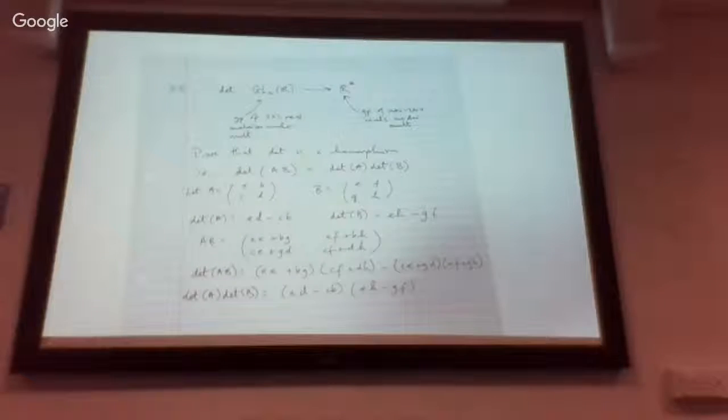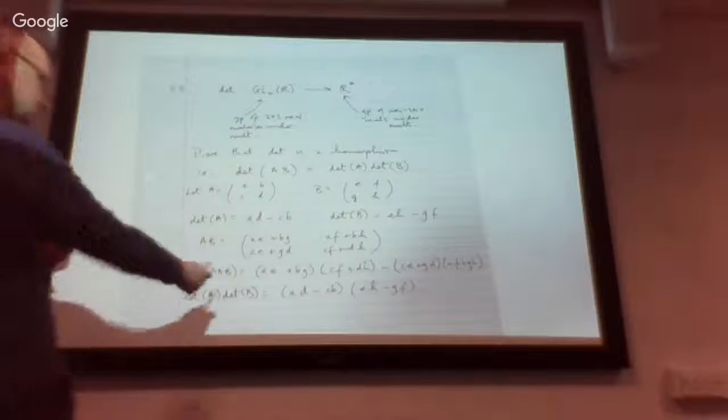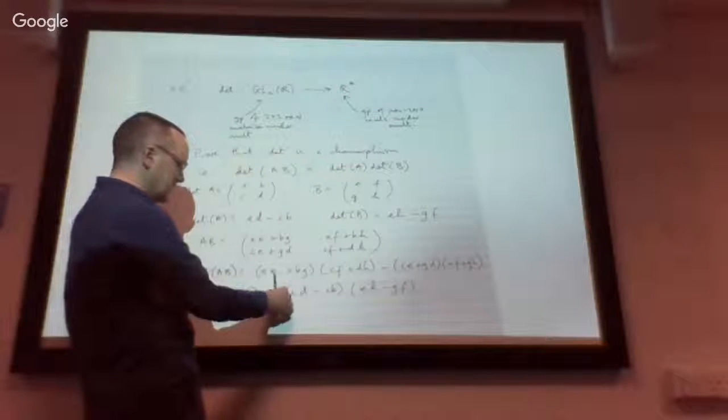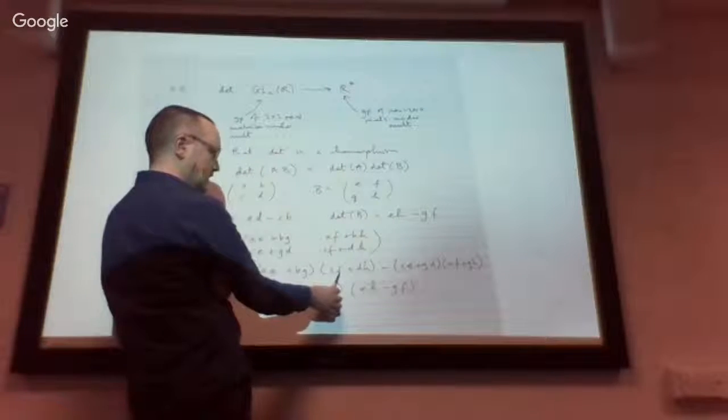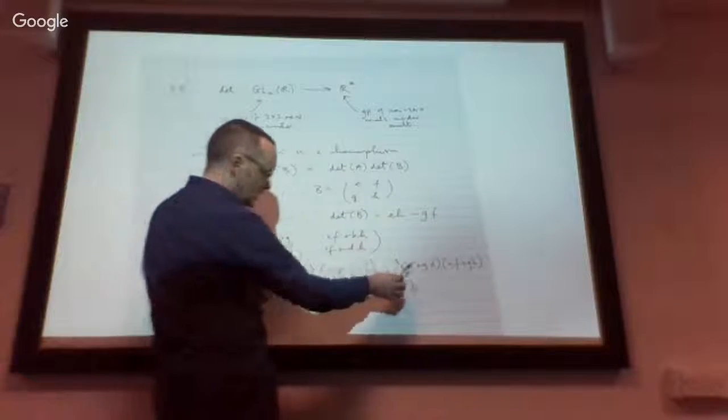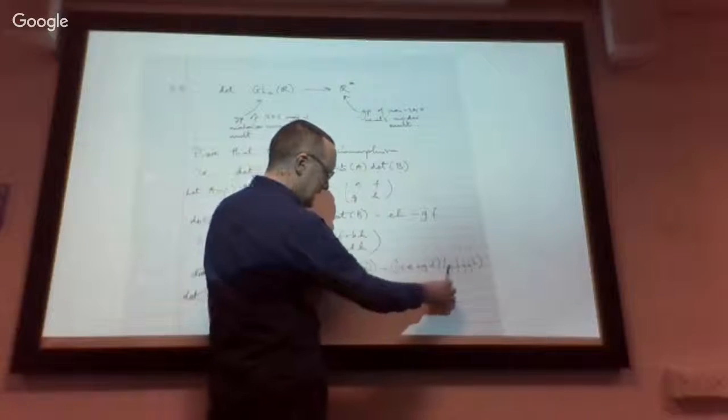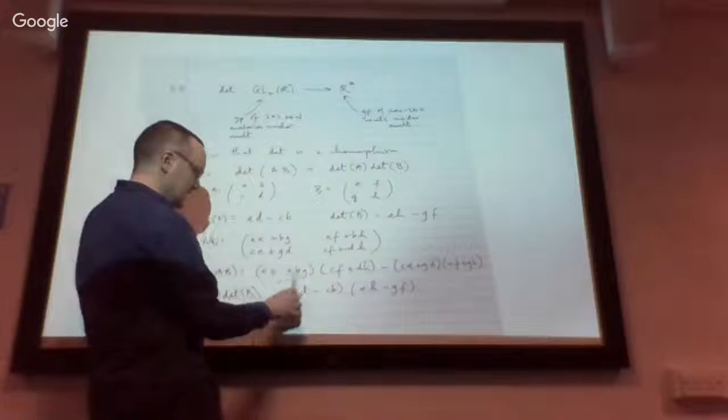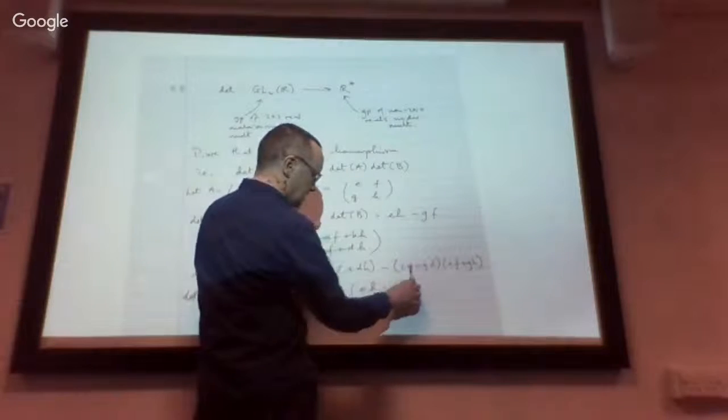So let's see some of the ones that cancel out in the determinant of AB. For instance, here you've got AE times CF. But when you look here, you've got minus CEAF. So AECF, AECF.